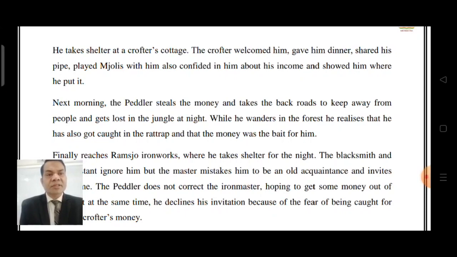Next morning, the peddler steals the money and takes the back roads to keep away from people and gets lost in the jungle at night.